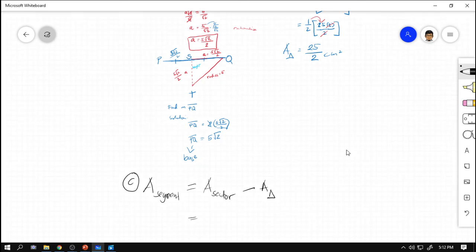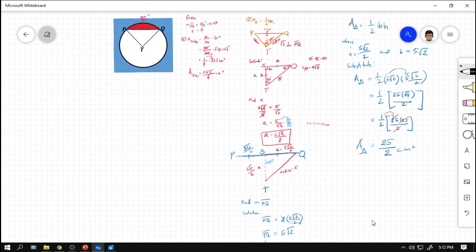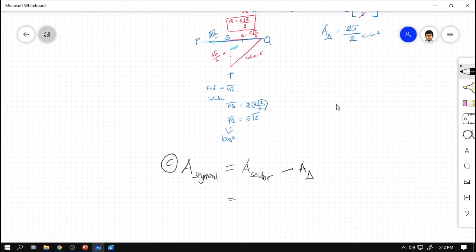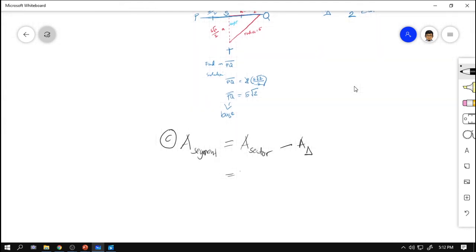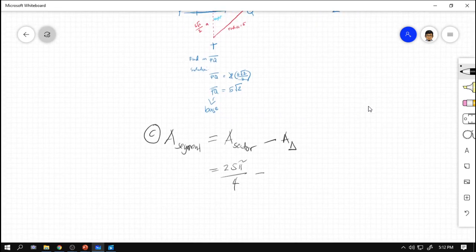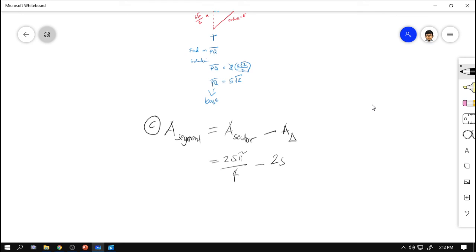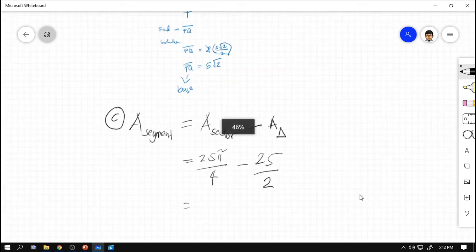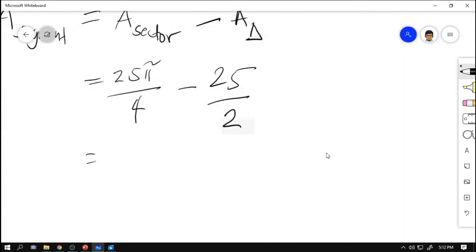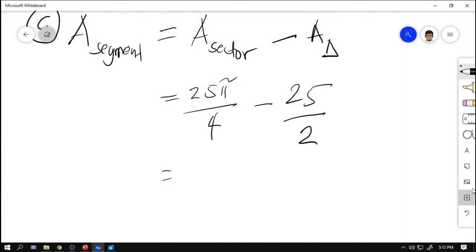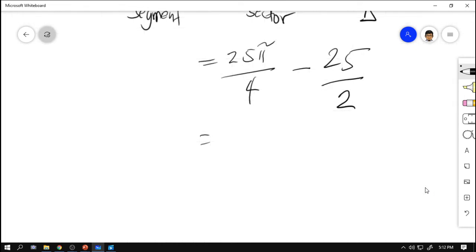Area of the sector, ang nakuha nating area of the sector kanina is 25 pi over 4. 25 pi over 4 minus, ang nakuha naman natin ay 25 over 2. 25 over 2. Next, evaluating it. Pwede nang idiretso sa calculator to para hindi na tayo pare-pareho mapagod. So, 25 pi is 25 times 3.1416.